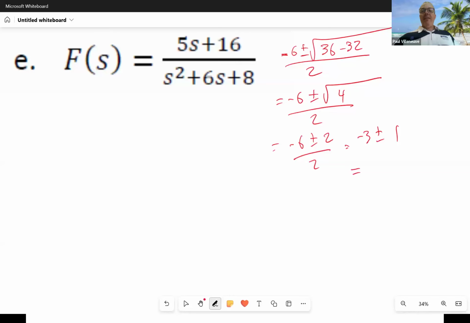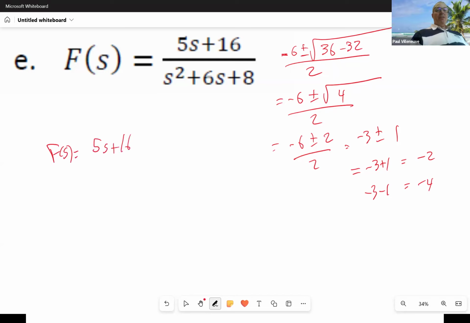So we have -3 plus 1 and -3 minus 1, which is going to be equal to -2 and -4. So my F of s becomes 5s plus 16 all over s plus 2 times s plus 4. Remember, we have to put in the negative there.